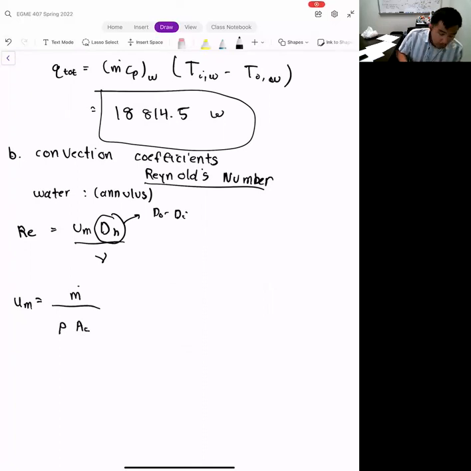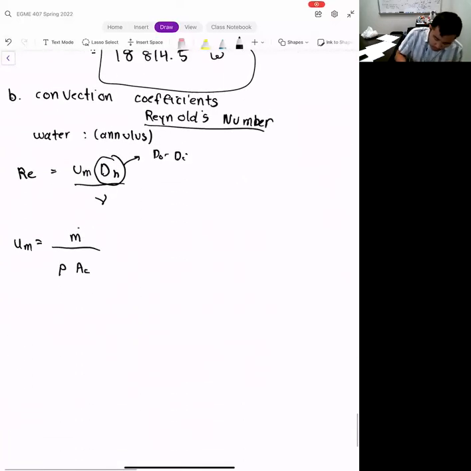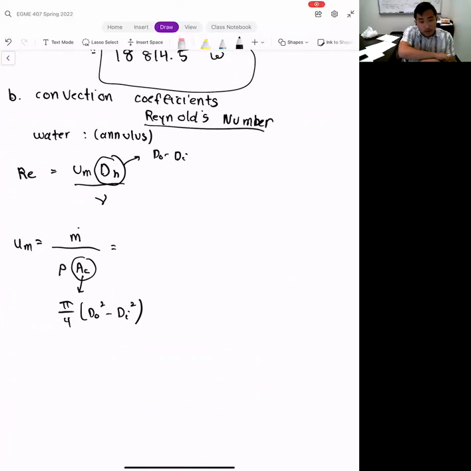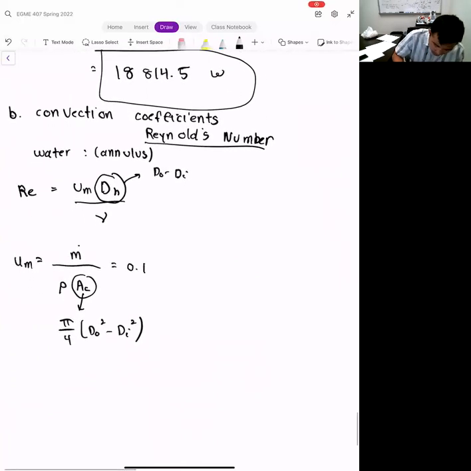Where m dot is given to us in the problem. The density is also given to us, it's 998. But AC here is just going to be the cross-sectional area of that annulus, so it's going to be pi divided by 4 times dO squared minus di squared. And so we end up with a mean velocity of 0.182 meters per second.